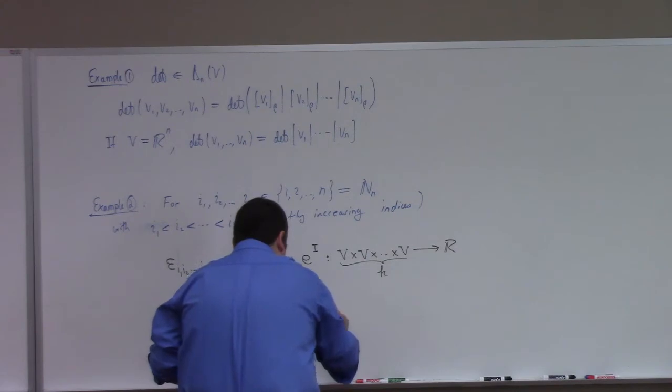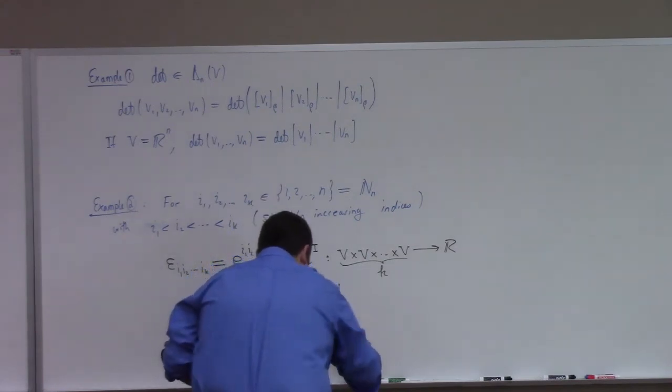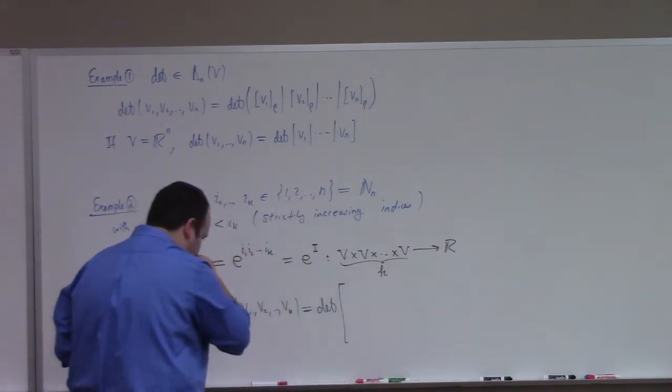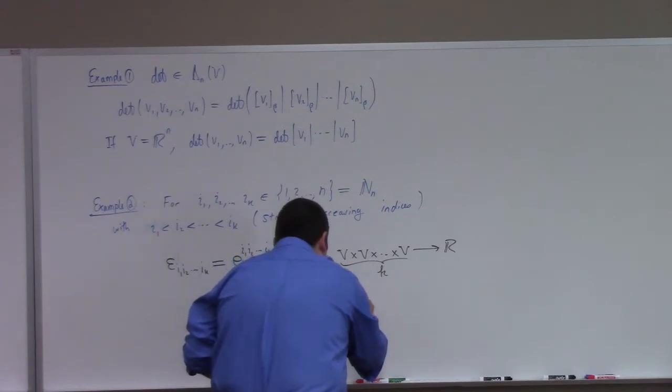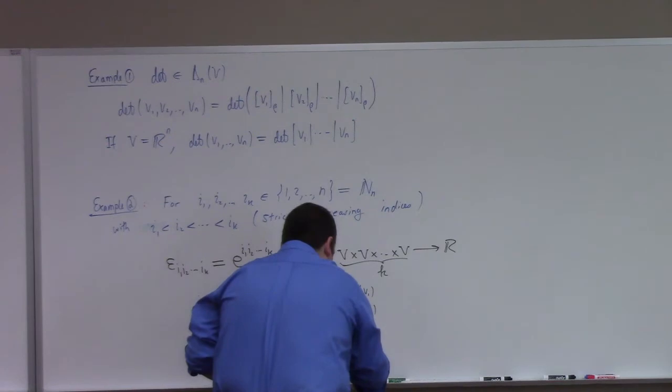So what he does is he takes the determinant of e1 v1, first column, e2 v1, dot, dot, dot, ek v1.